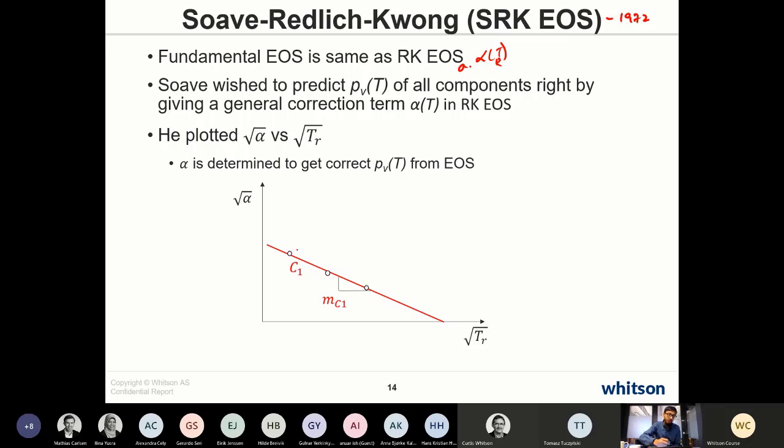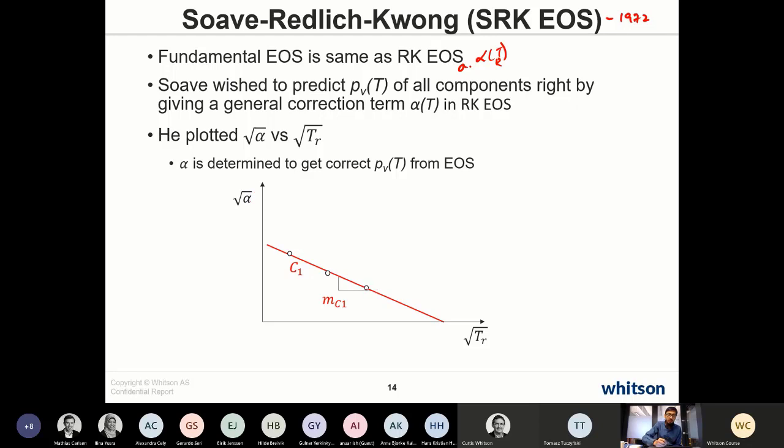For example, this is methane, and for methane we have quite a bit of measured vapor pressure data. He used the Redlich-Kwong equation of state model and calculated what alpha value is needed to get the right vapor pressure at different temperatures.